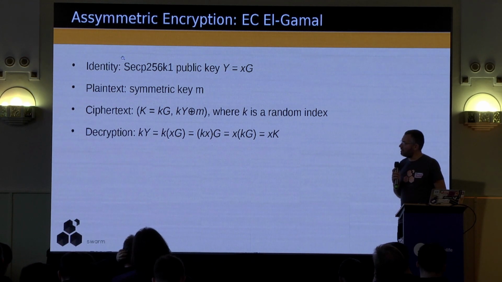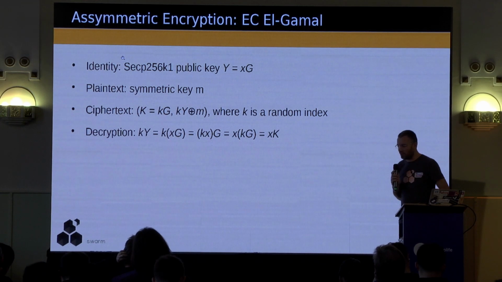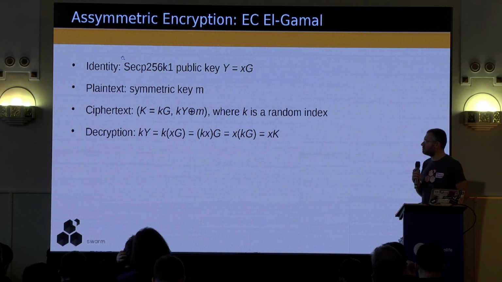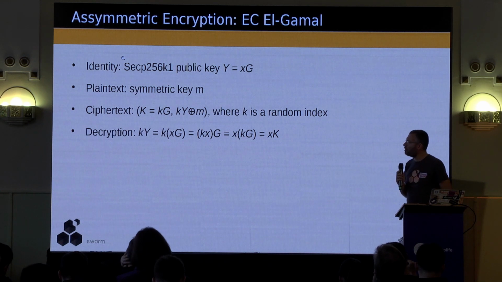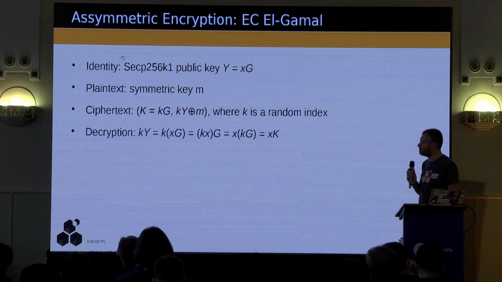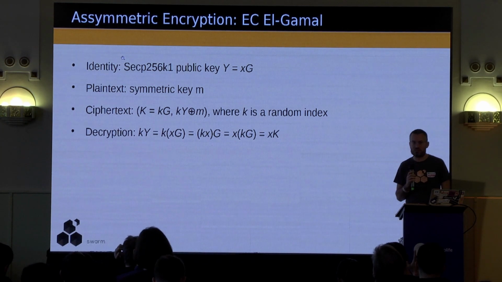The plain text is the symmetric key, the one that we're going to use in the symmetric encryption as introduced before. And the ciphertext is basically the ElGamal encryption, where plus is the XOR operation. And here you see the formulas for encryption and decryption.